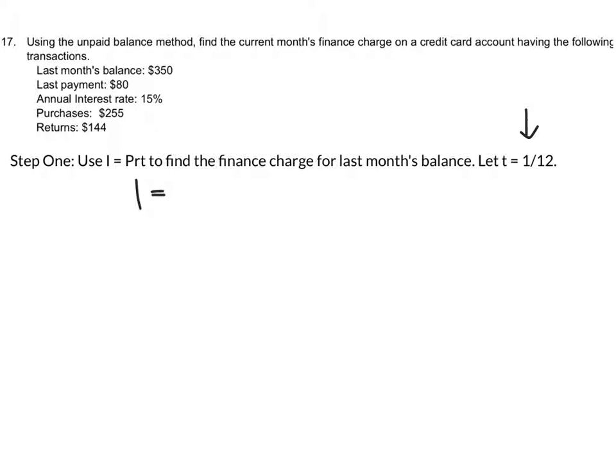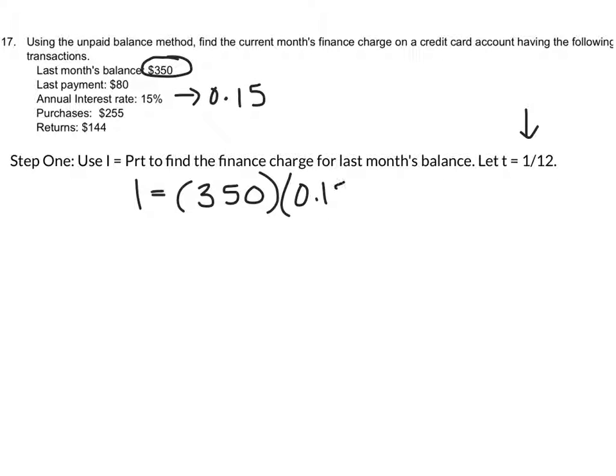P, or the principal, in this case is going to be last month's balance, which is $350. We'll multiply that by R, which is 15%, and the decimal equivalent is 0.15. And T is 1/12.